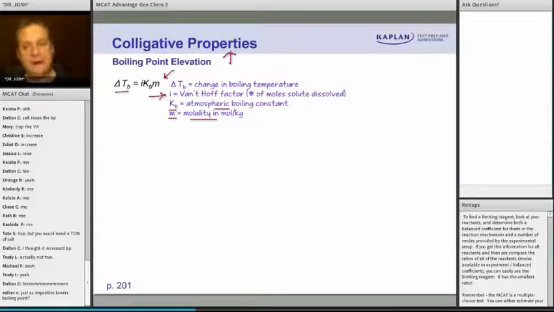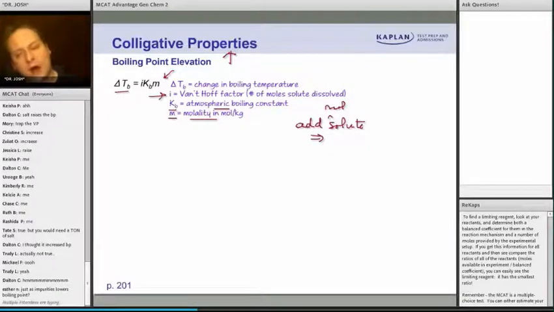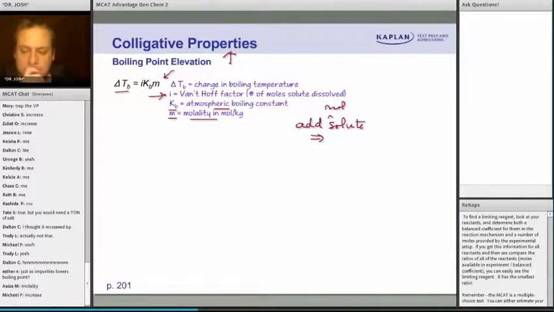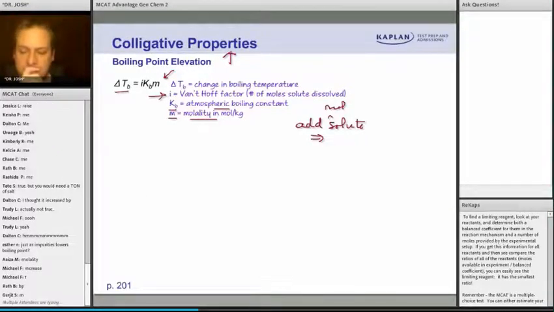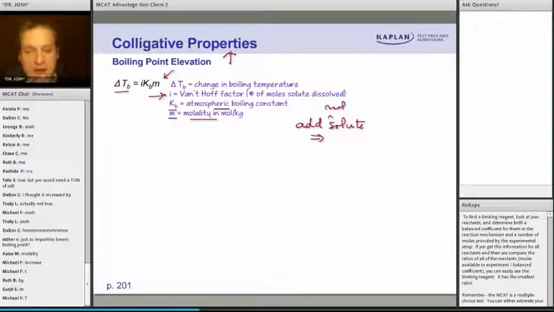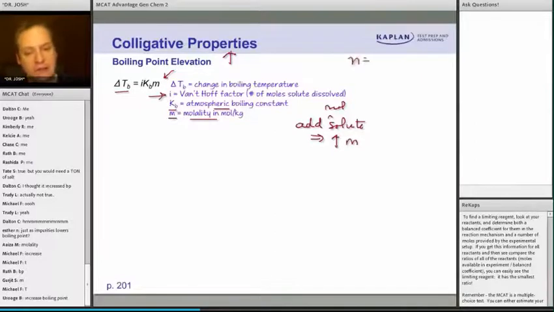So let's think about it. You add more solute. So if I add solute, what is that going to affect in this equation? If I add moles of solute, what will that affect in this equation? Well, we increase moles of solute, you're going to increase molality.